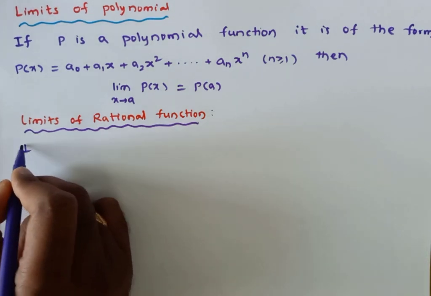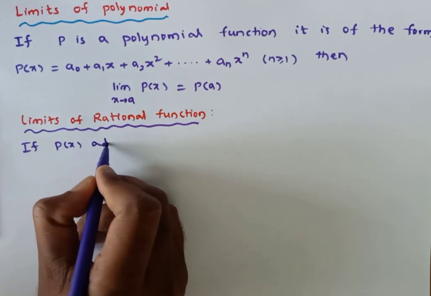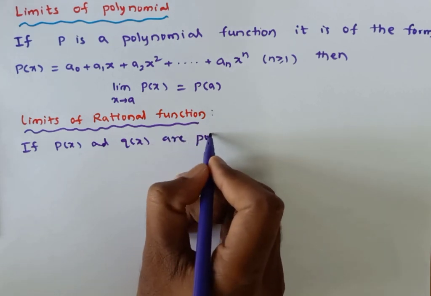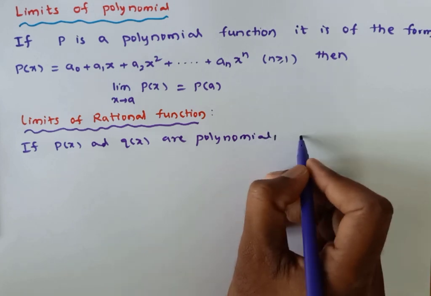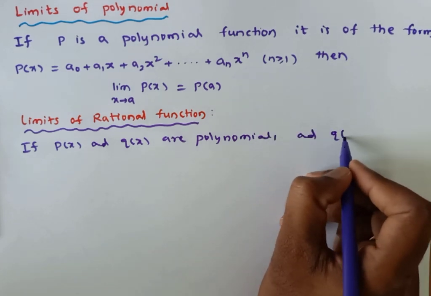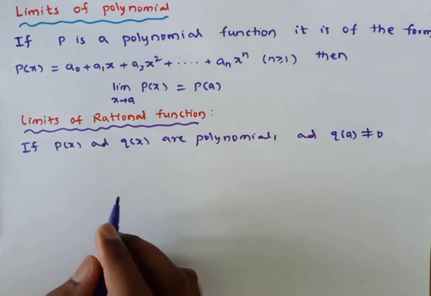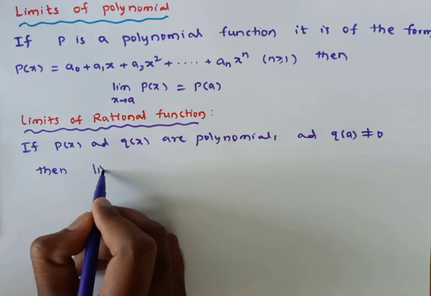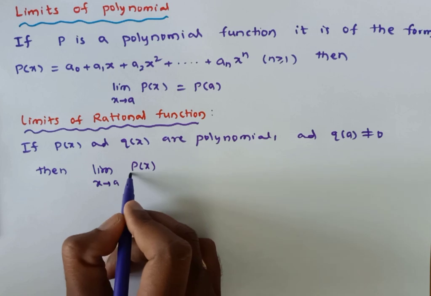Here let us consider p of x and q of x to be polynomials. The restriction is that q of a is never 0. The denominator q of a is not equal to 0, then the limit as x tends to a of p of x divided by q of x.